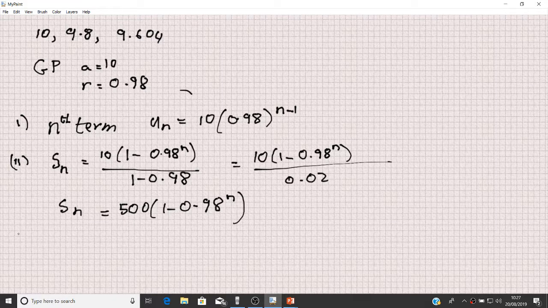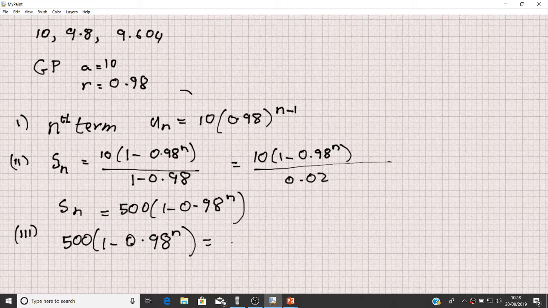So that is our expression for the sum Sn. Now in the final part of this problem, we are asked how many bowls have they completed after 2 hours. So if we look at Sn, in this case, Sn will be 2 hours. So our expression for Sn from part 2 is 500 times 1 minus 0.98 to the power of n. We're going to set that equal to 2 hours.